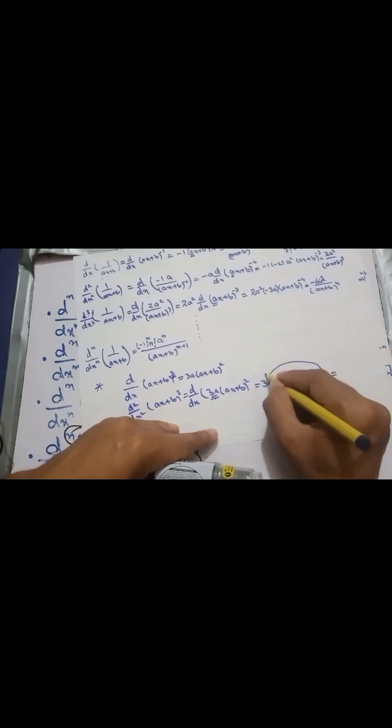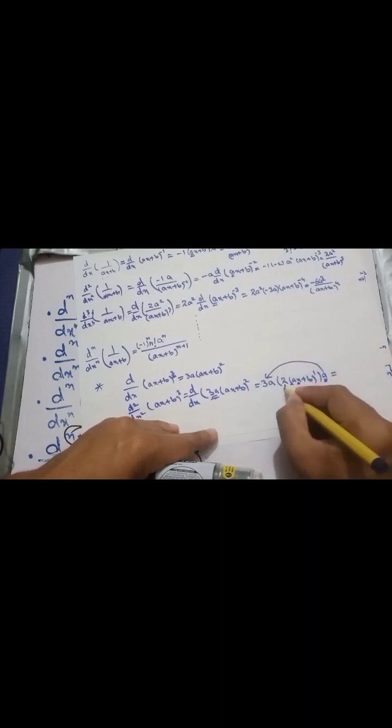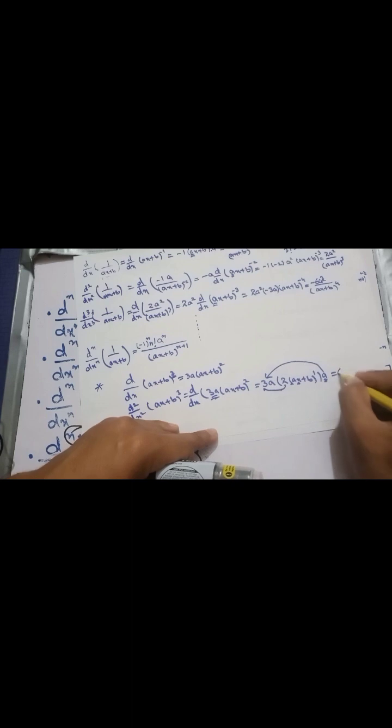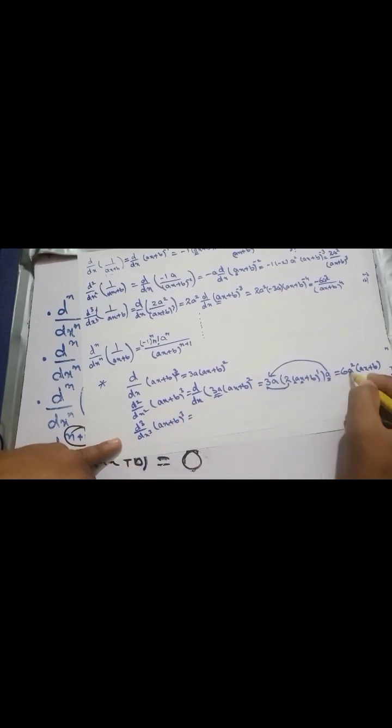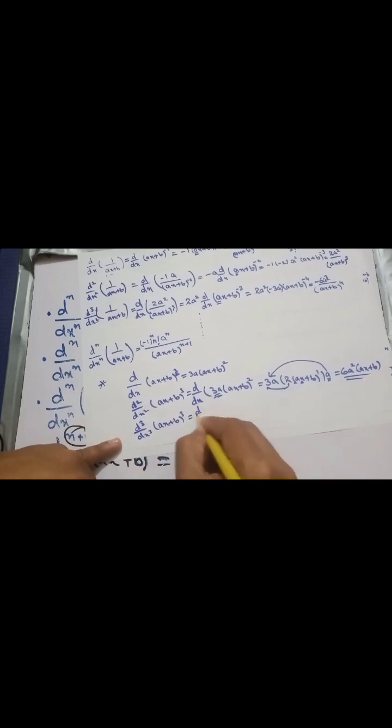So this a is at the start, and this 2 is also multiplied, giving 6 into a square, and ax plus b. Again we take the derivative of this function on the right side.